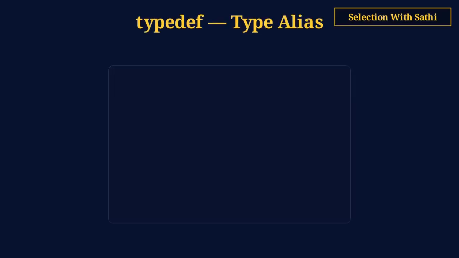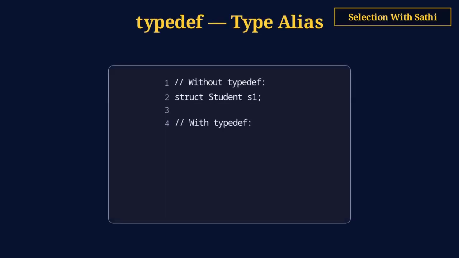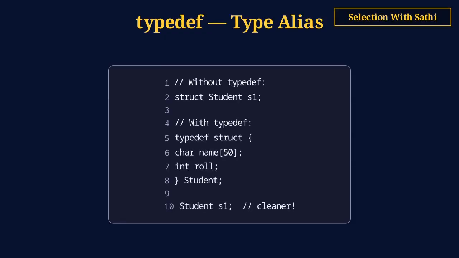Second concept: typedef. Typedef creates an alias for an existing type, making your code cleaner. Without typedef, every time you use a struct you have to write the word struct, as in struct student s. With typedef, you can just write student s.